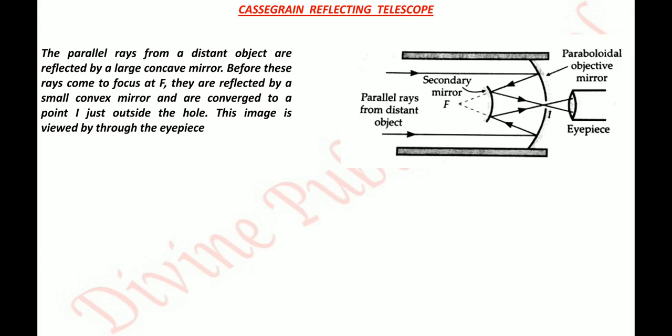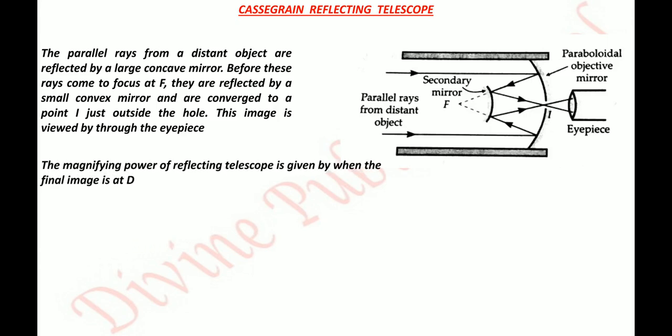Now sometimes the magnifying power of a reflecting telescope is asked in the board examination. So how will you write it? The magnifying power of a reflecting telescope, when the final image is at distance D, is m = (FO/FE)(1 + FE/D).